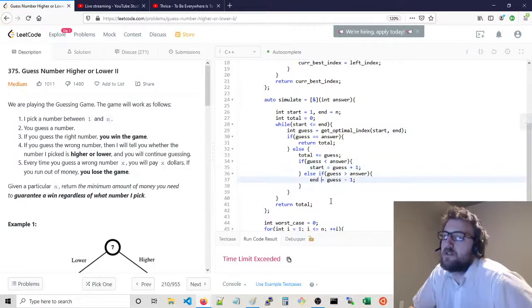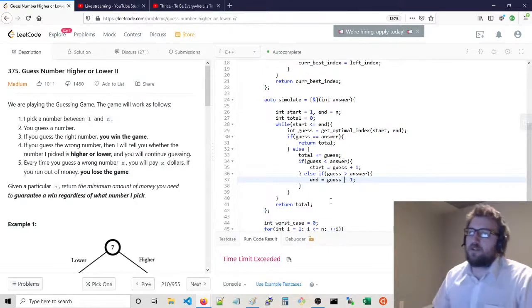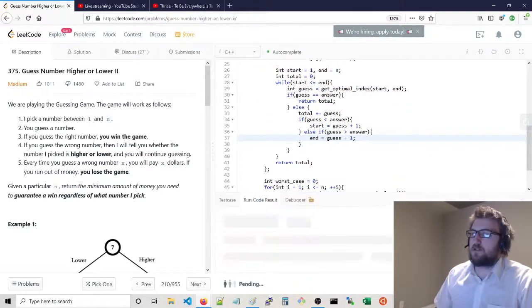If your guess is greater than the answer, then you got to update your end to guess minus 1. And why does this not work properly, after all?